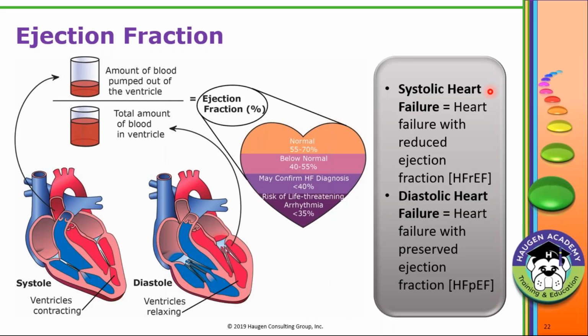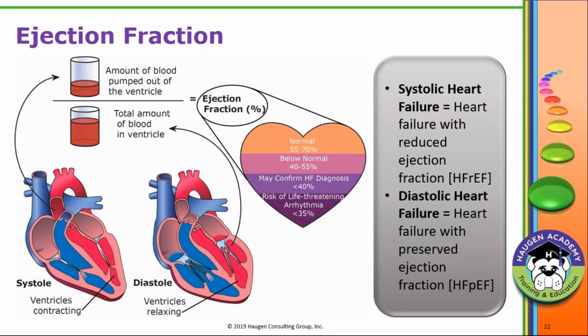We have systolic heart failure, which is heart failure with reduced ejection fraction, and diastolic heart failure, which is heart failure with preserved ejection fraction. So that begs the question, what's an ejection fraction? And really, all it is, it's a measurement of the amount of blood that gets pumped out of the ventricle.